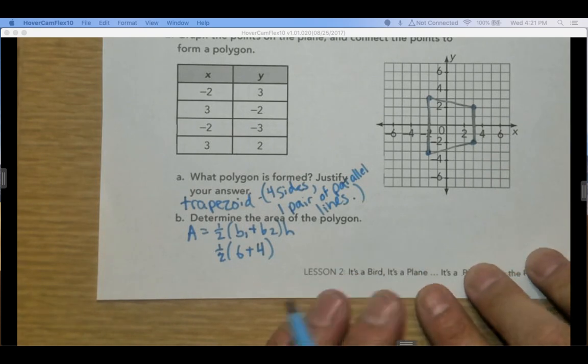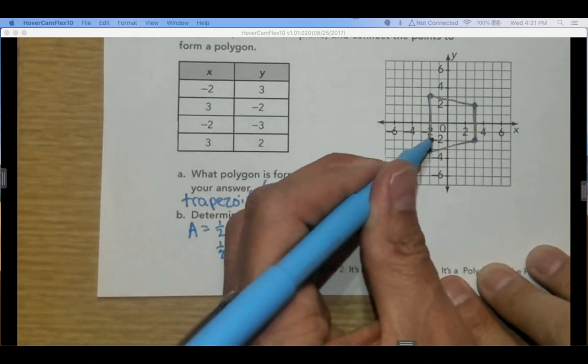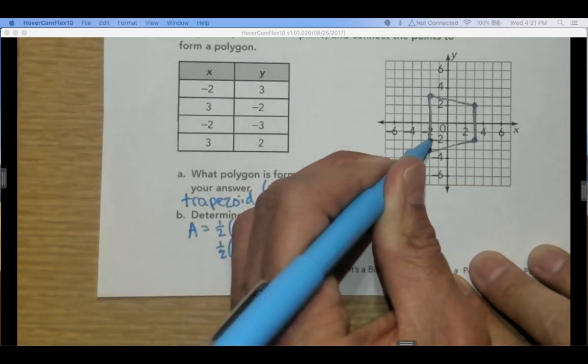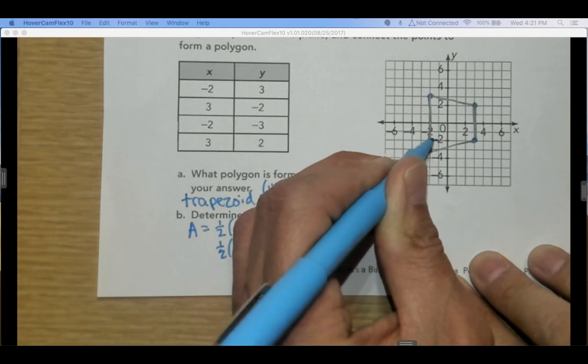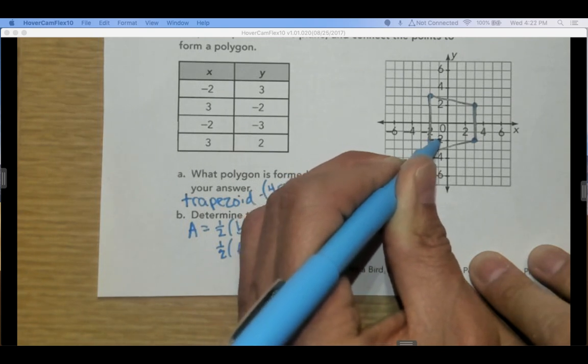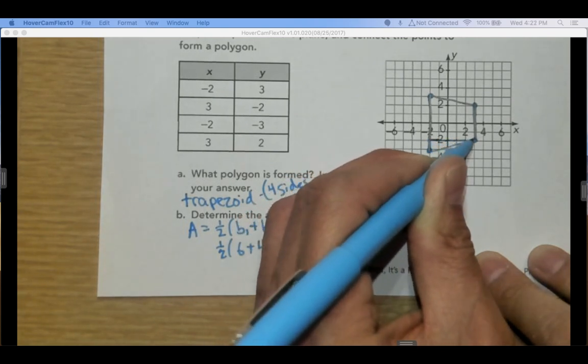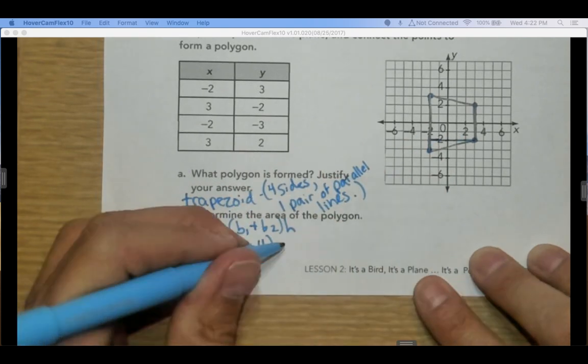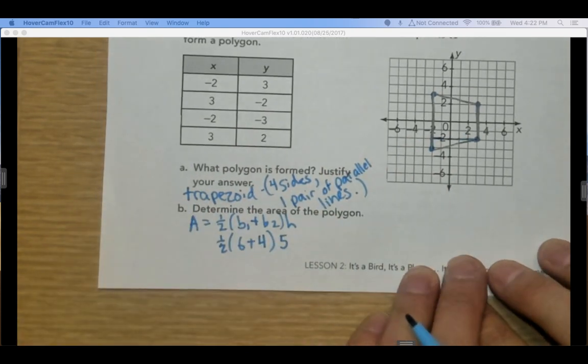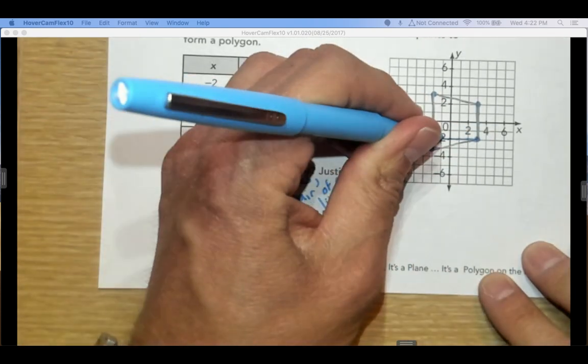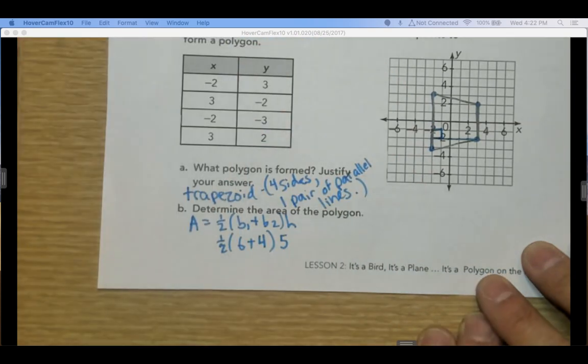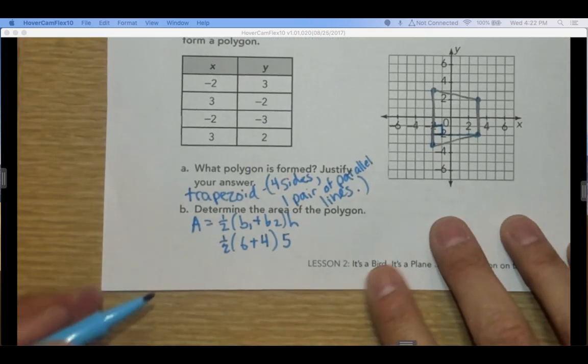Okay. The height is perpendicular to the base, and it goes to the other base. So 1, 2, 3, 4, 5 units to get from one base to the other when I form a 90-degree angle there. Now I just follow the order of operations.